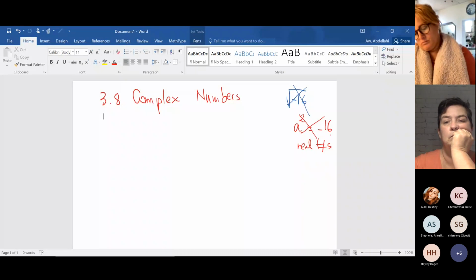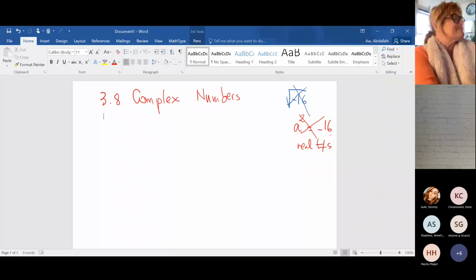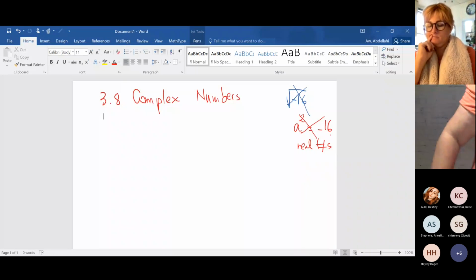For that, we need a new set of numbers. Actually, the numbers in math, we improve them according to the need. When people need something, they invent new numbers.